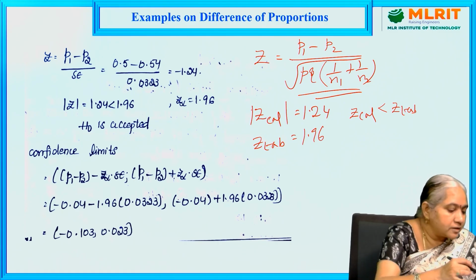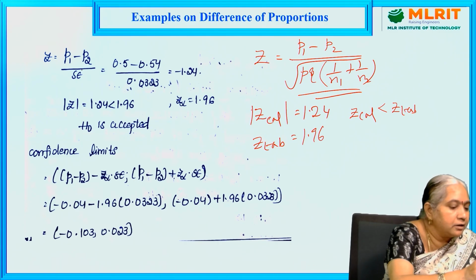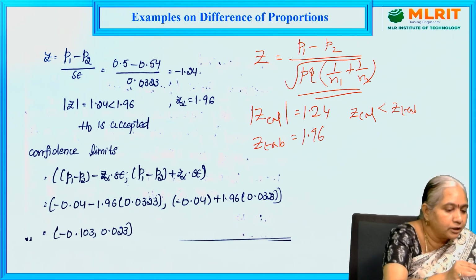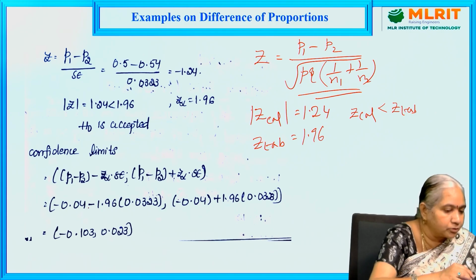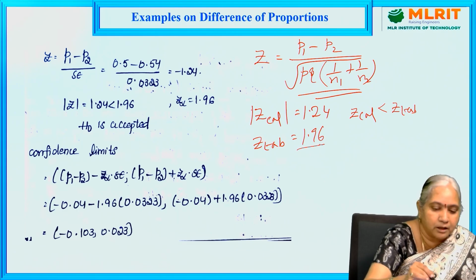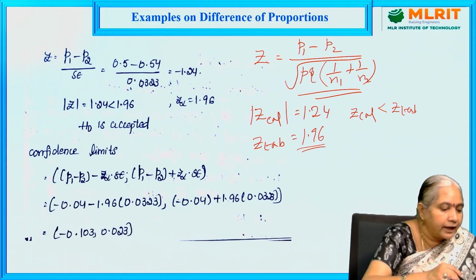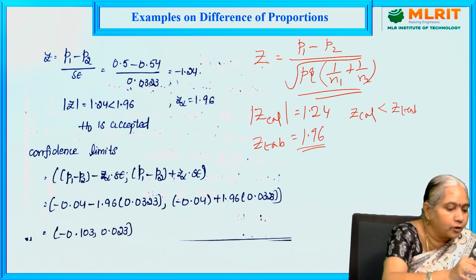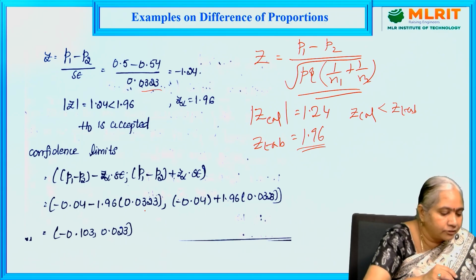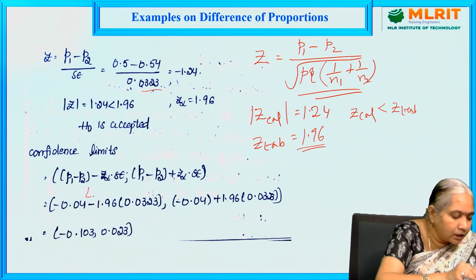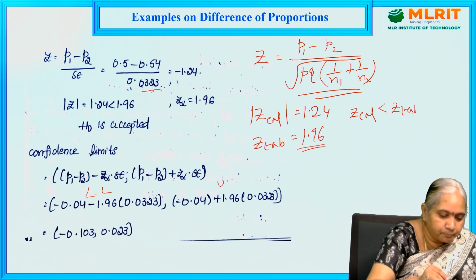And confidence limits. So here P1 minus P2 is 0.5 minus 0.54, minus and plus Z alpha by 2, the tabular value 1.96, into standard error 0.0323. After calculating, this is the lower limit and this is the upper limit.